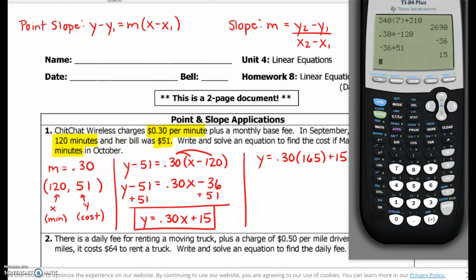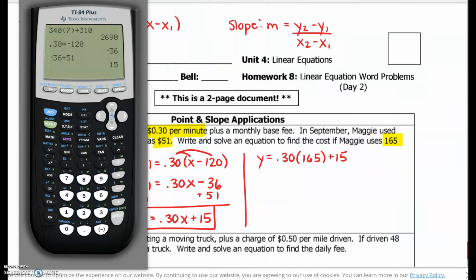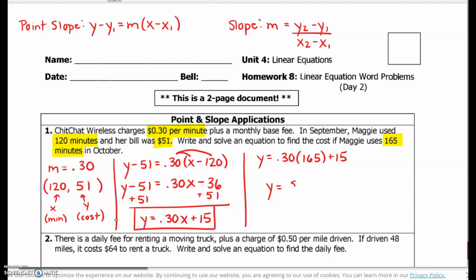Once I plug in that number, I can very easily type that entire expression in the calculator, 0.30 times 165 plus 15, and that would give us a total of $64.50, I'm sorry.